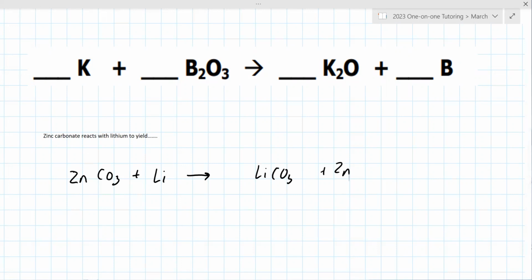So how do you know that? Well, the answer to that question is based on a little bit of your periodic table. Do you see that Li is charge +1? Yeah, and zinc, sorry, Li is +1. What is zinc?